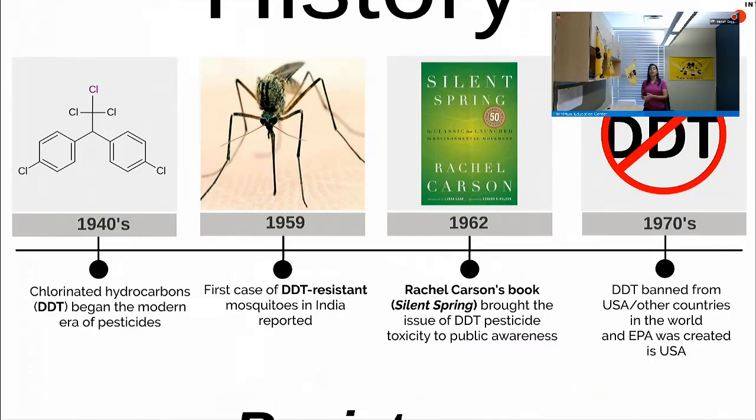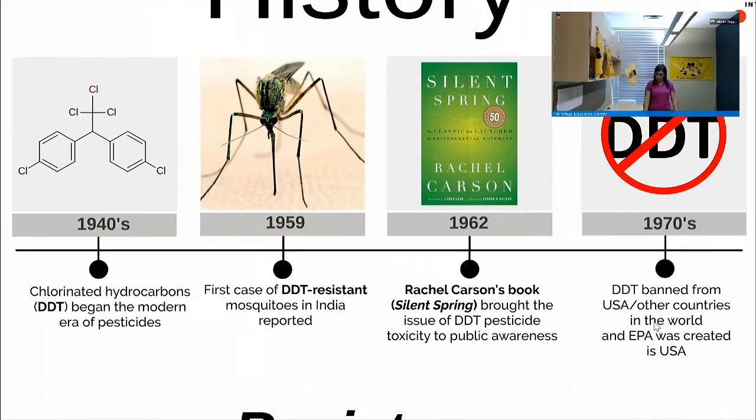This Environmental Protection Agency was created to regulate how pesticides are produced and distributed. They created laws regarding pesticide use and their residues to prevent contamination and toxicity, and cases such as the one of resistance that we talked about previously with the mosquitoes.